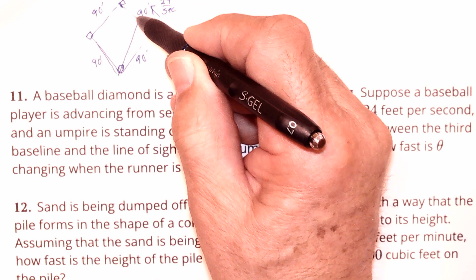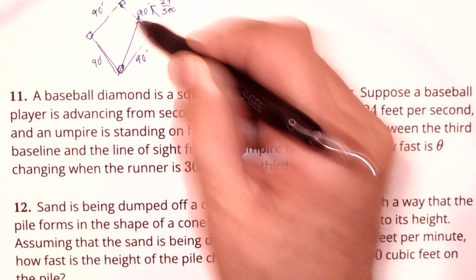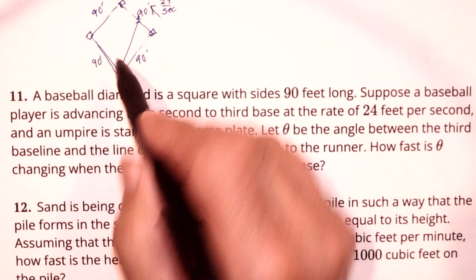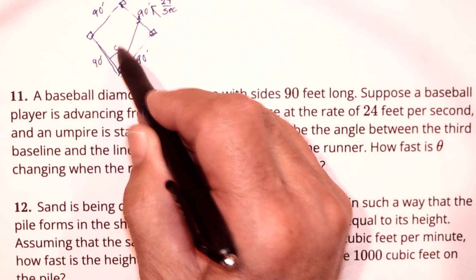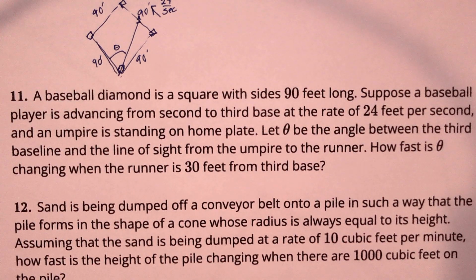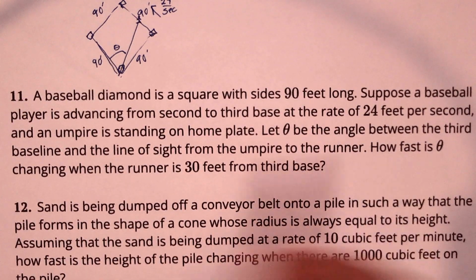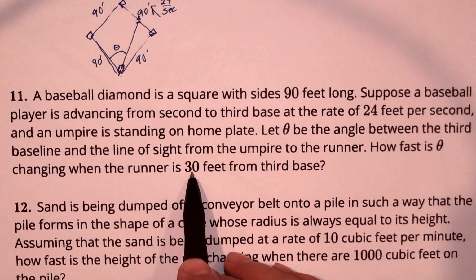So I've got a runner out here running to this player, and this is the angle that we're looking at. How fast is it changing when the runner is 30 feet away?